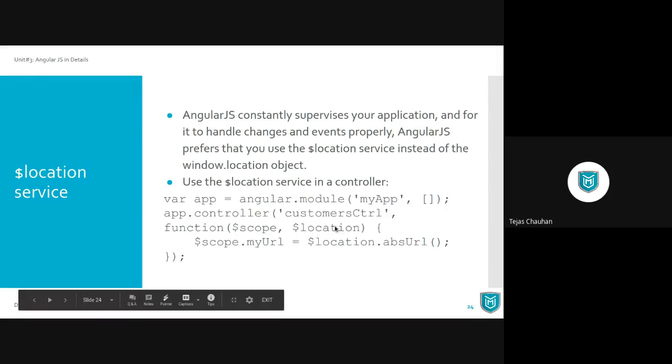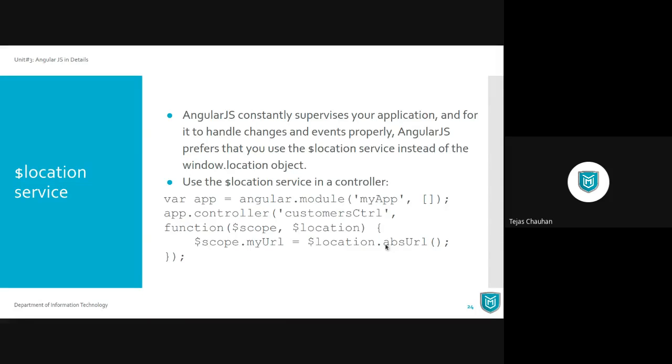So location is a service, and location is one kind of object. From that object you can extract whatever thing you want. So if you say absoluteUrl, then it is going to give you the entire URL of the current web page, right? A very simple example. And very quickly, let's have a look at this, the location service.